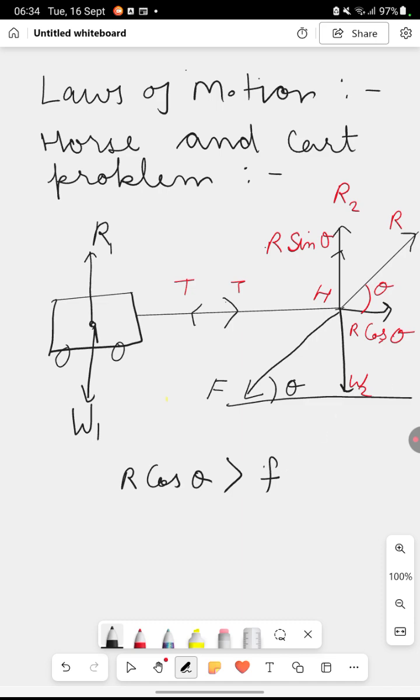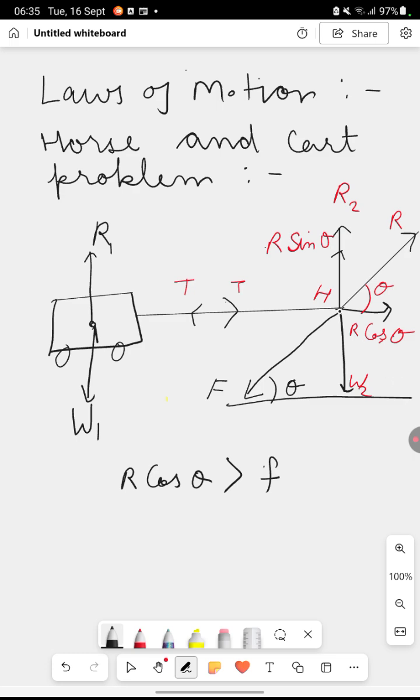Let's discuss again. This is the cart, its weight is W1 and its reaction force is R1. It is exerting a tension T forward and also a tension T backward.